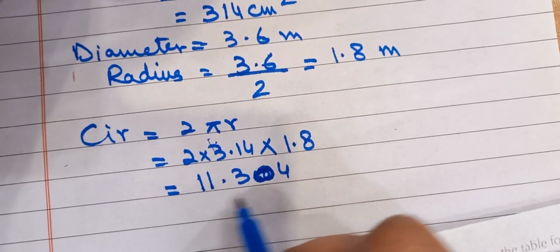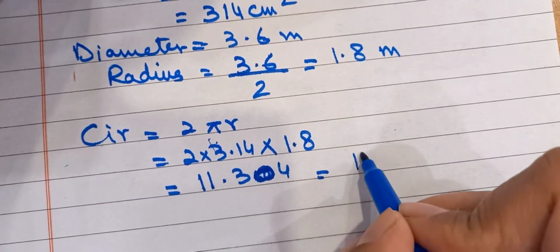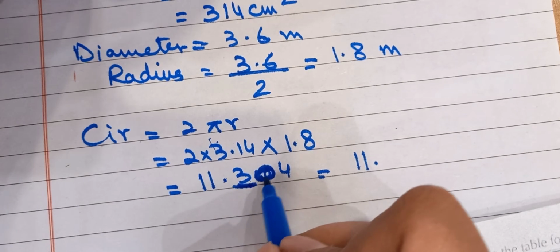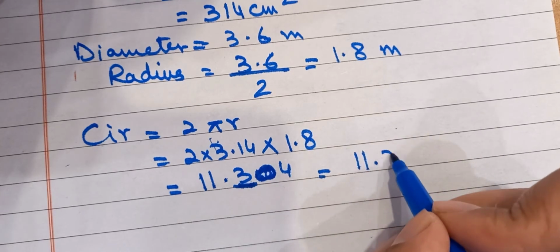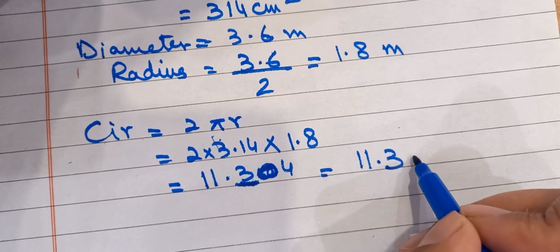At the end they have written it to one place of decimal. The next digit is 0, so it will not change it, and I can write 11.3 meters.